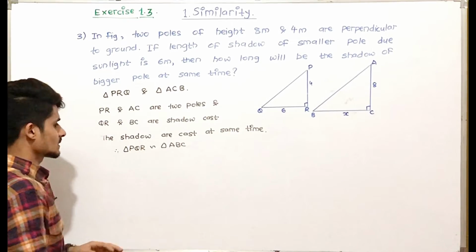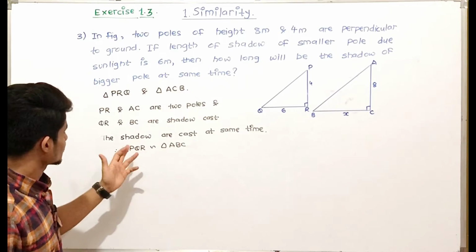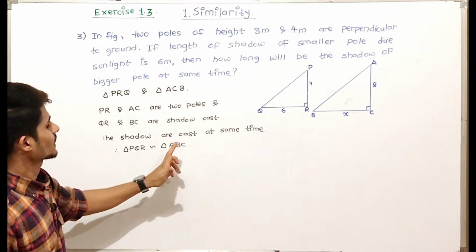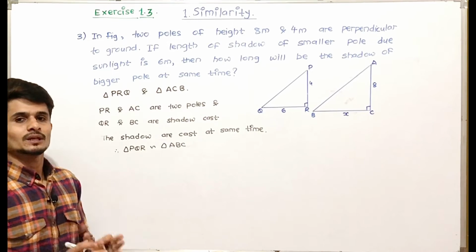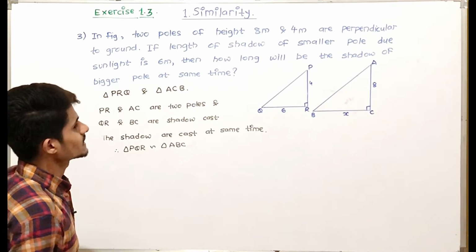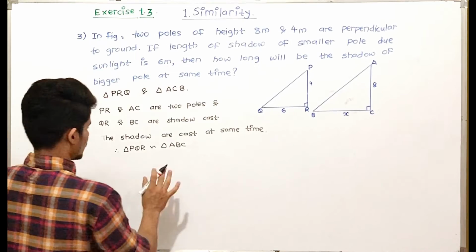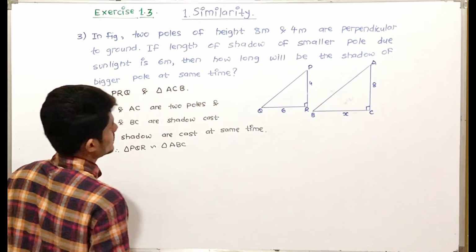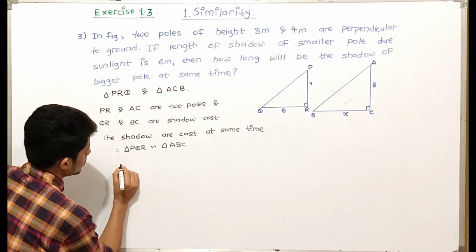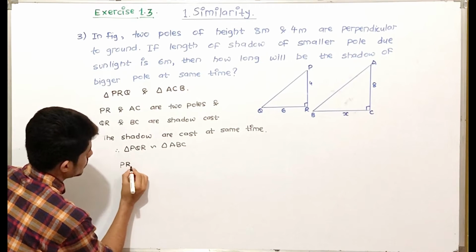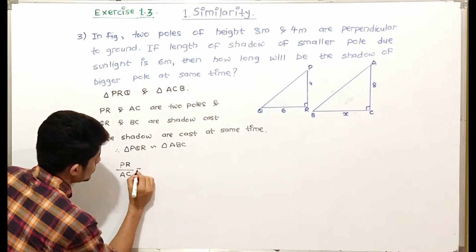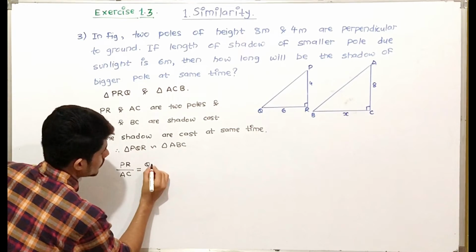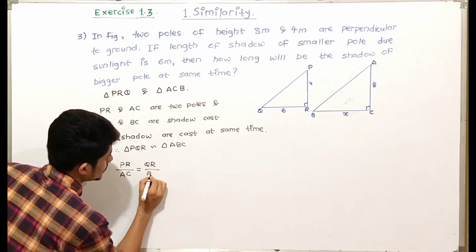If triangles are similar, then we can take the corresponding sides in proportion. So the corresponding sides will be PR upon AC is equal to QR upon BC.